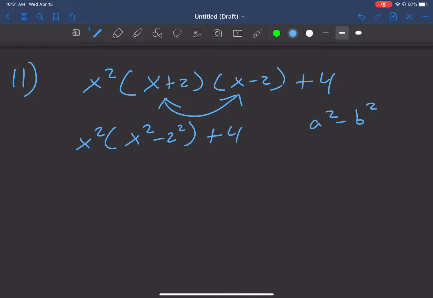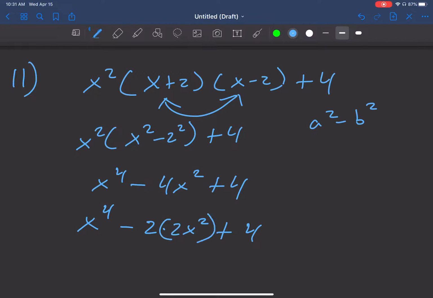And now we can just multiply out here. This is going to be x to the 4 minus 2 times 2 is 4, minus 4x squared plus 4. So we're very close to being done, but this doesn't show up in one of the answers yet, so we're going to have to apply one of those formulas again. What you need to notice is that you have the 4 here, and you have your 4x squared here, but this is really 2 times 2x squared plus 4.